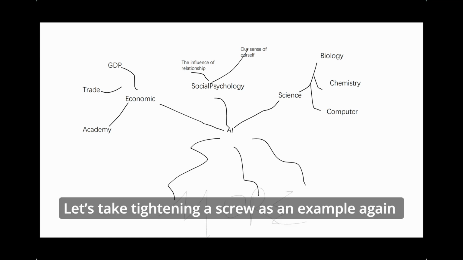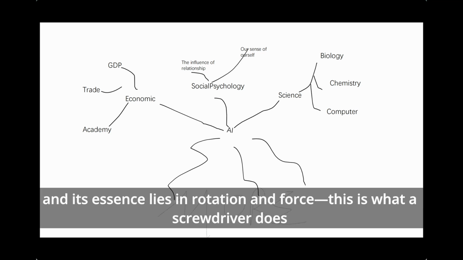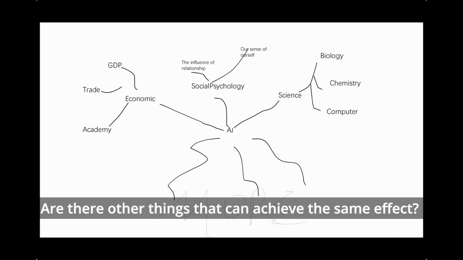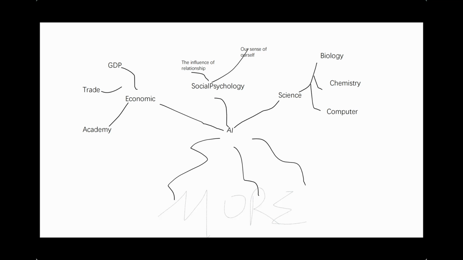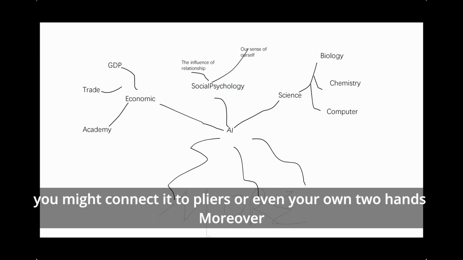Let's take tightening a screw as an example again. The logic of using a screwdriver allows you to turn a screw, and its essence lies in rotation and force. This is what a screwdriver does. Are there other things that can achieve the same effect? Searching from your own spider net of knowledge, you might connect it to pliers or even your own two hands.